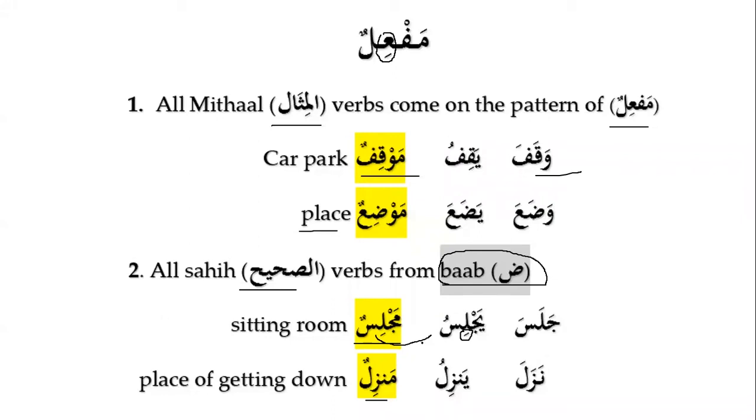So we have jalasa yajlisu majlisun and nazala yanzilu manzilun. So we have two verb kinds where dharf is on the pattern of maf'ilun.